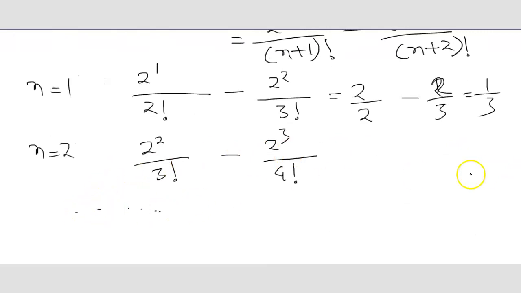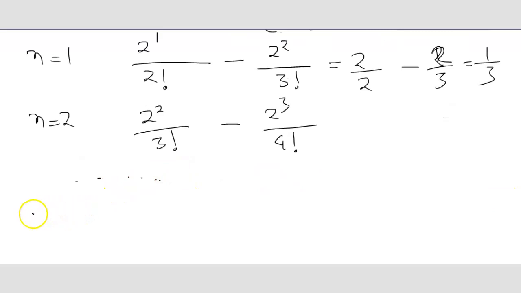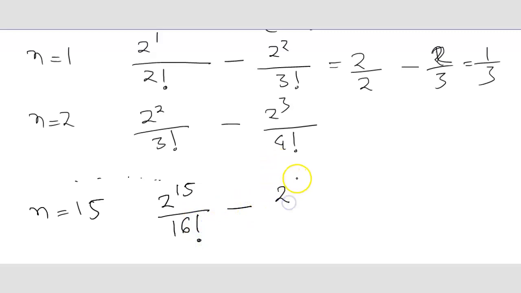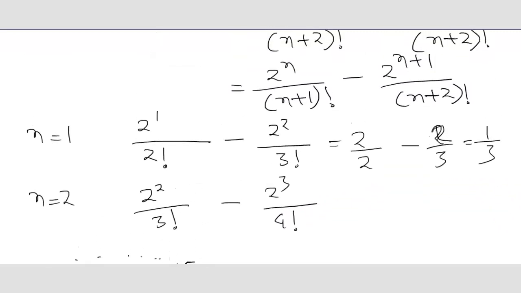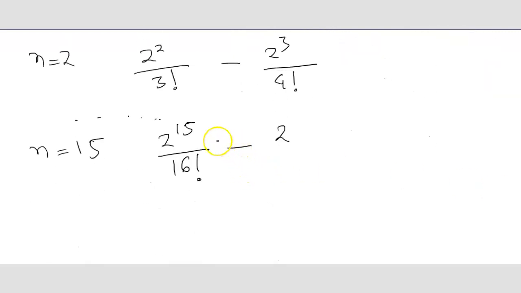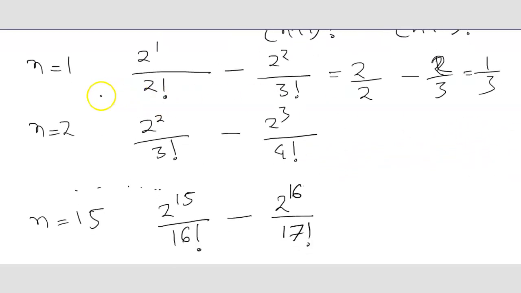So carry on with these procedures, and when we put n equals 15, it simply results as, according to the formula, 2 to the power 15 plus 1, that is 16, by 16 factorial minus 2 to the power 16 by 17 factorial, and all these things are nothing but simply a1, a2 and so on.